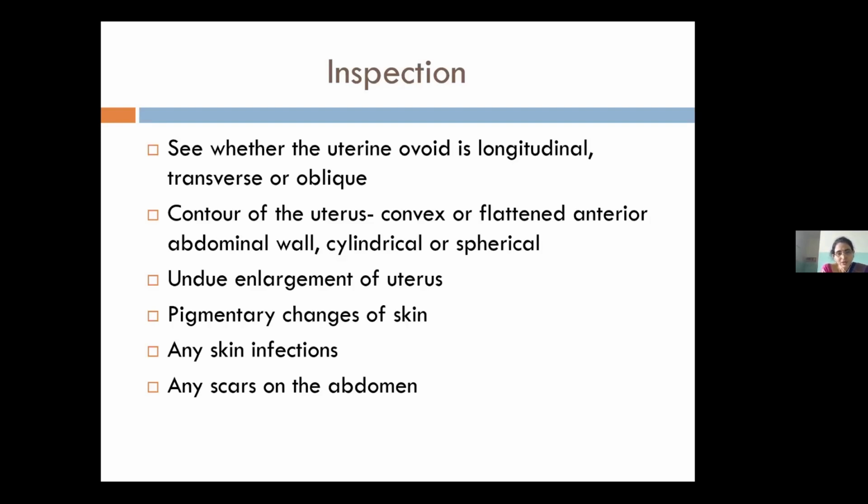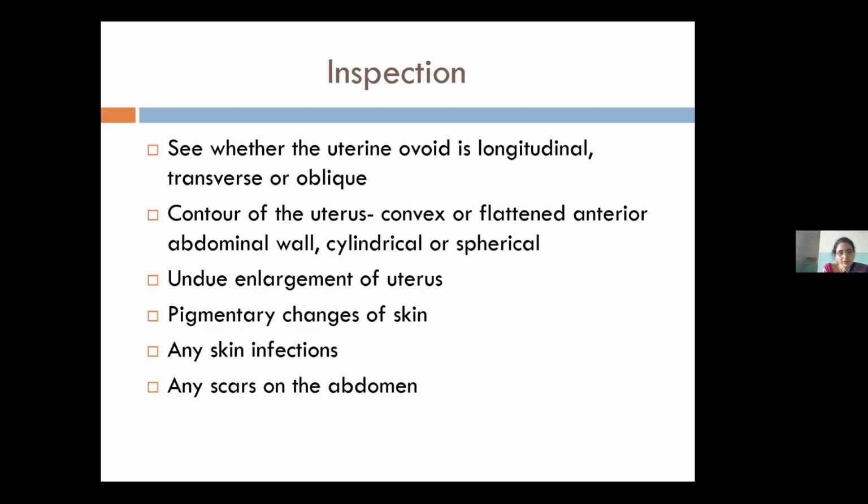It is convex when the back is anterior, in the occipito-anterior positions. In occipito-posterior position, there will be subumbilical flattening of the anterior abdominal wall. By this, you can differentiate between an occipito-anterior and occipito-posterior position.